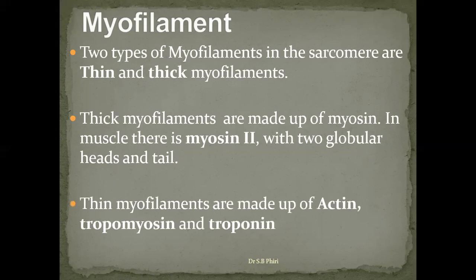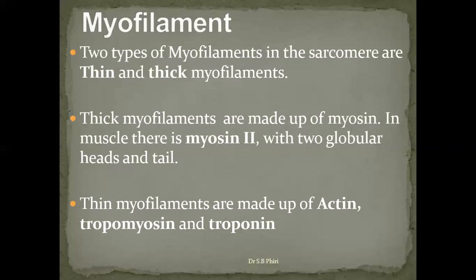Then the thin filaments are made up of three different types of proteins. We have actin, tropomyosin, and troponin. The actin are globular actin that can polymerize in vivo to form filamentous actin. Then you also have filamentous tropomyosin, which is more of a regulatory protein because it hides the binding sites on actin to inhibit the interaction between actin and myosin.